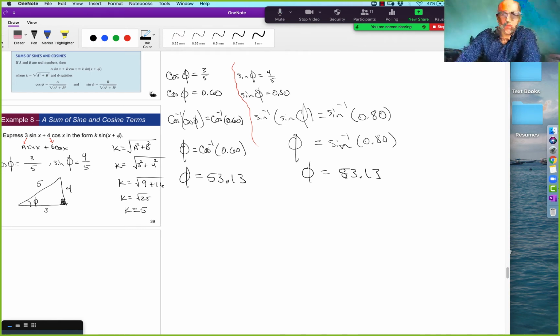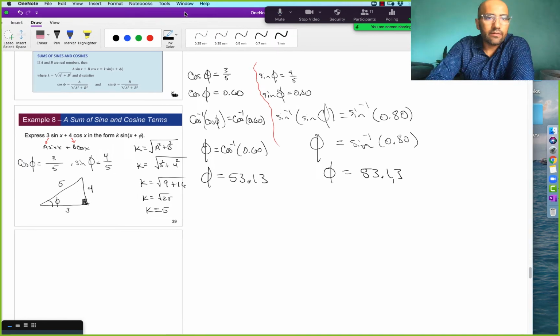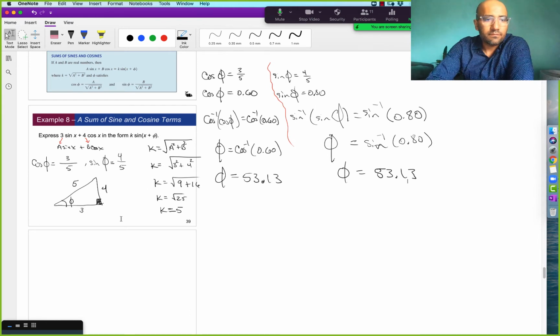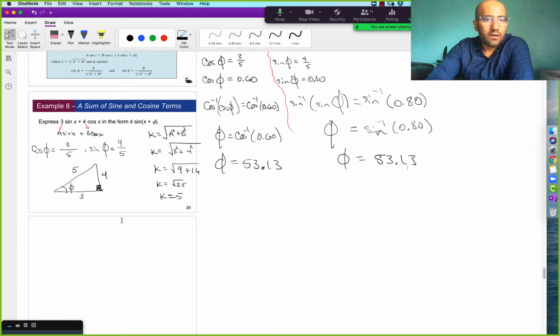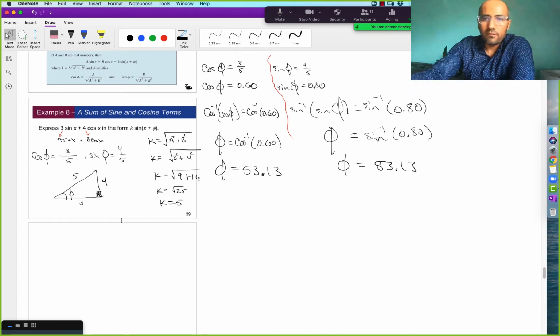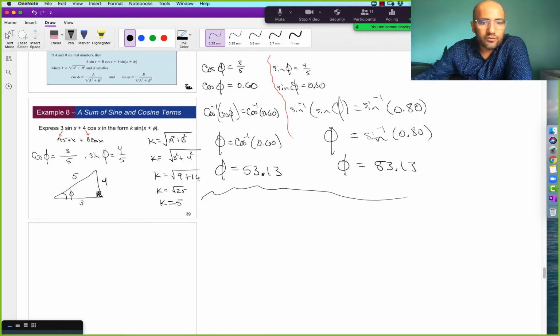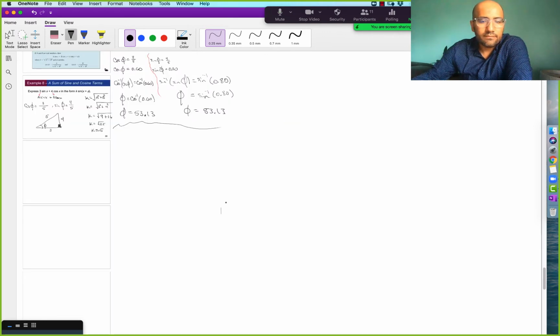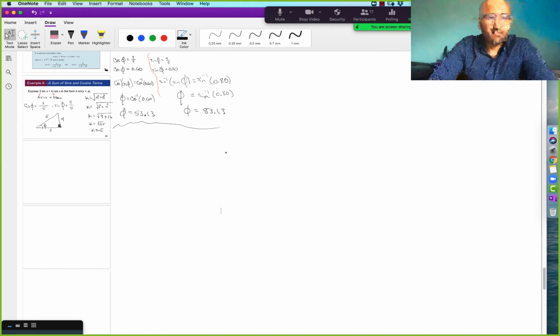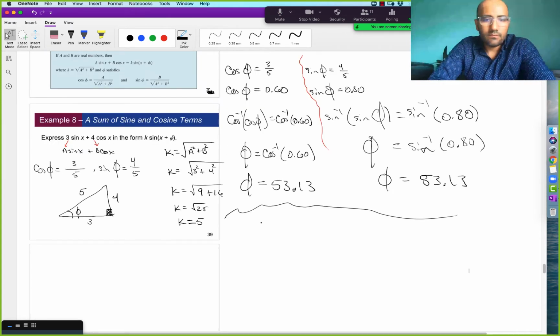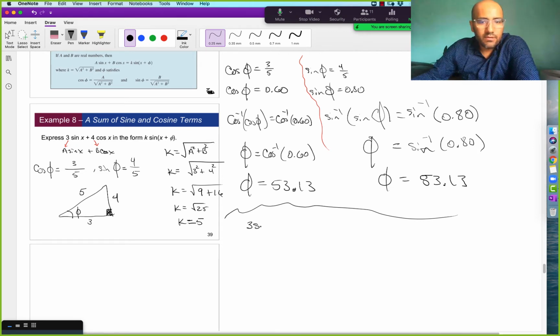Good. Okay, so now we can put it all together. Starting from the original statement, we have 3 sine x plus 4 cosine x.